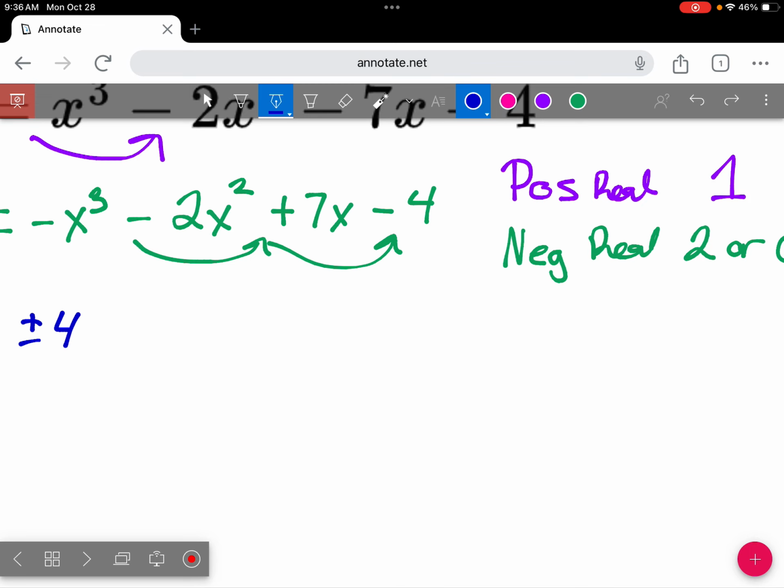Looking at our positive values, which one do you want to start with? 1. I heard that one first. So substituting in positive 1, we'd have 1 cubed minus 2 times 1 squared minus 7 times 1 minus 4. What do we get?